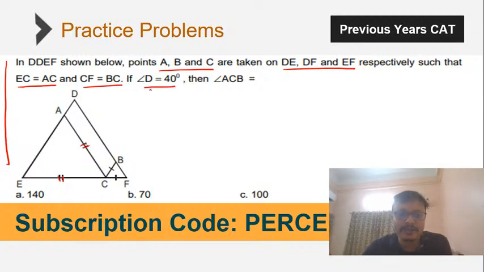The value given is angle D is 40 degrees. You need to find out the value of angle ACB, which means you need to find out this particular value. So this is the value that you need to find out, that is angle ACB.